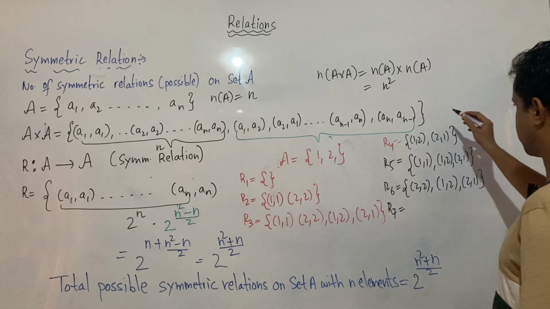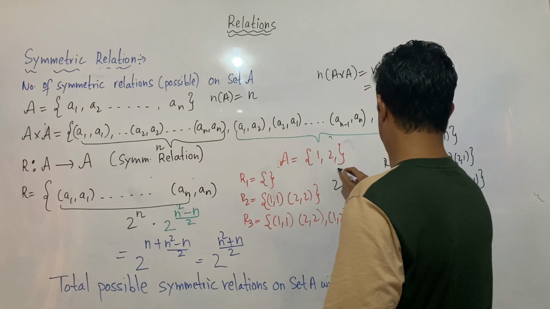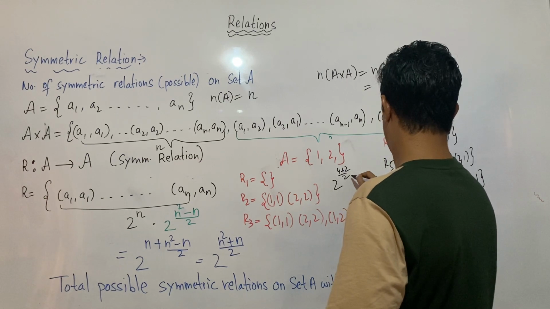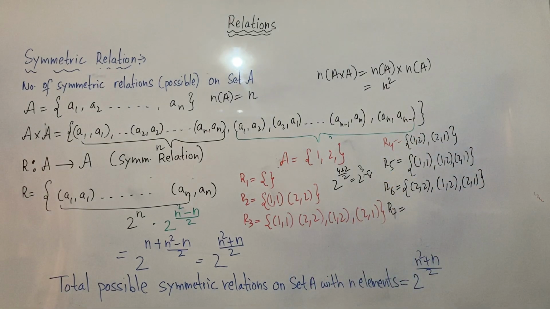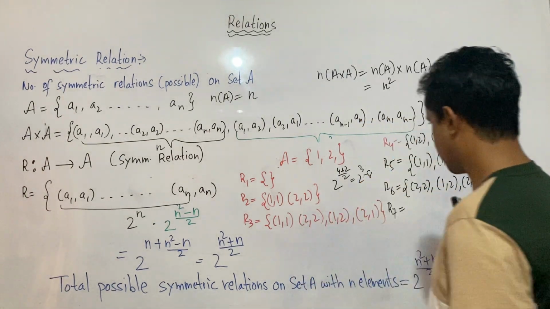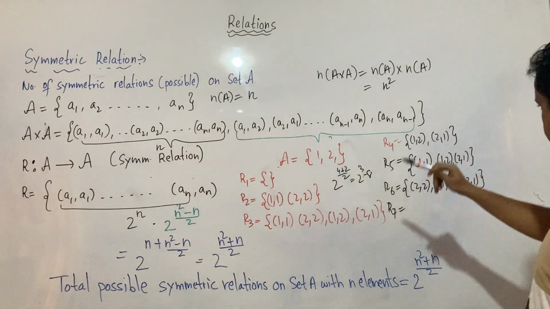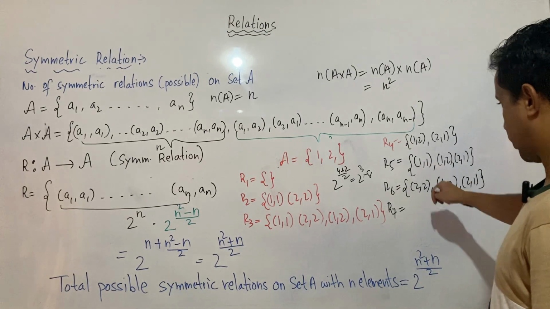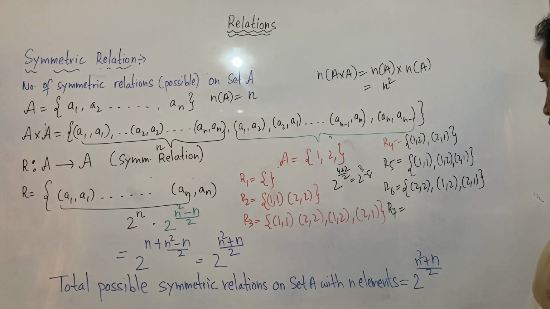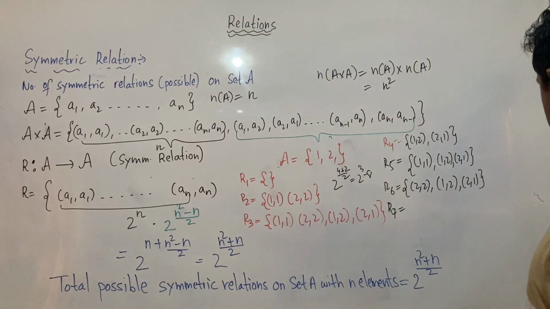How many possible relations? 2 raised to power (n square plus n) by 2, that is (4 plus 2) by 2, 2 raised to power 3, which is 8. So R7 could be this, this is done. All right, then this (1,2) came with (1,1), then (2,2).